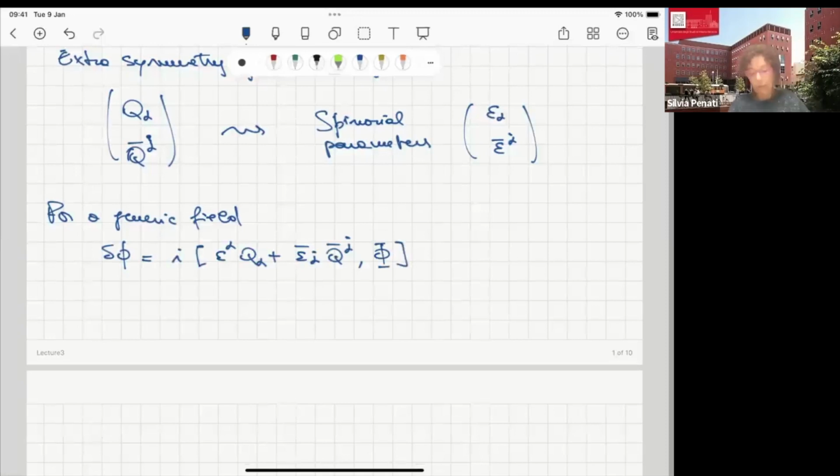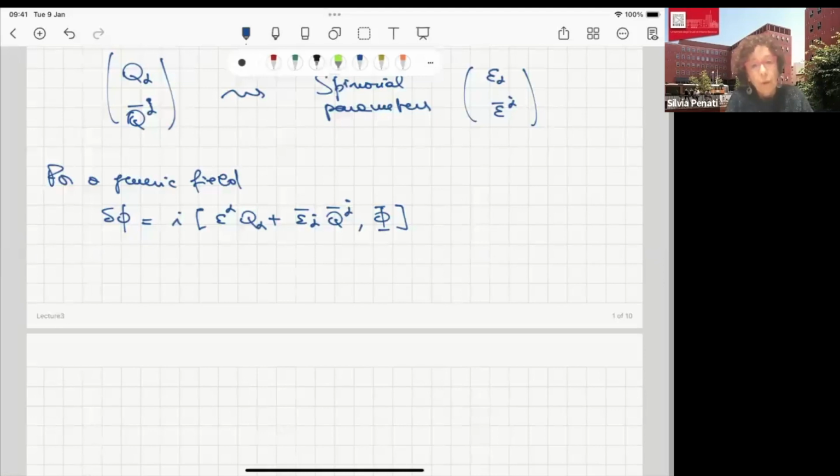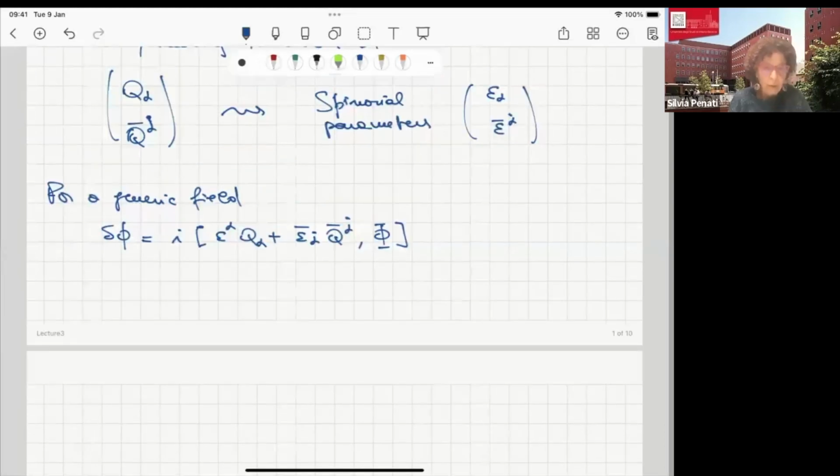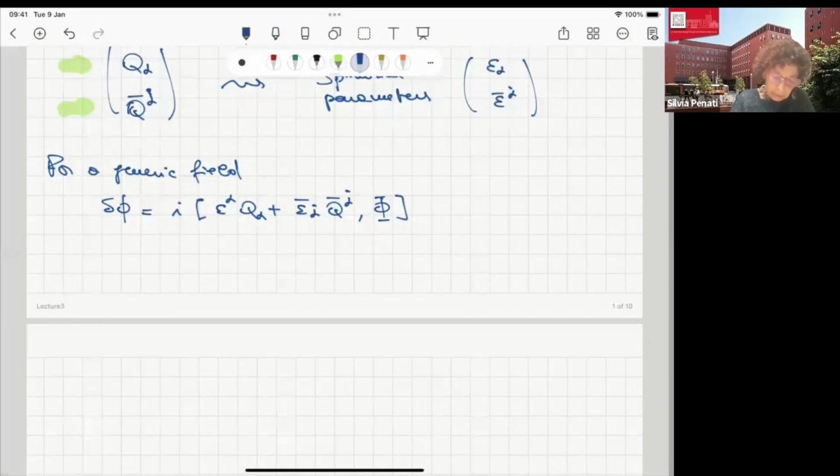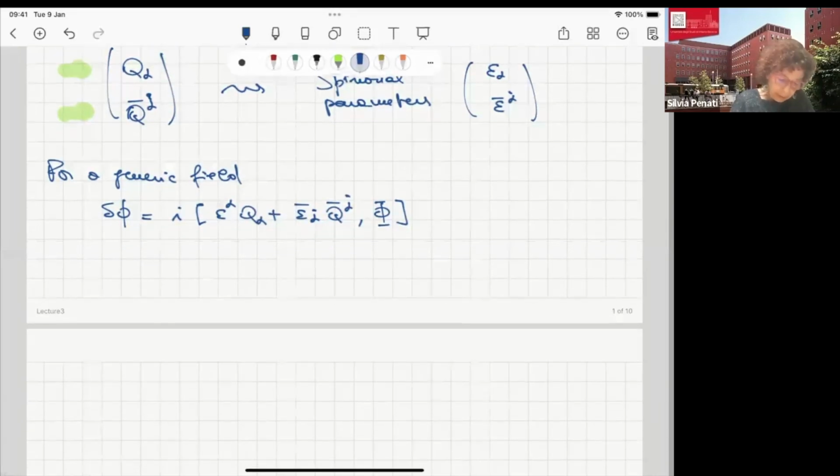And in the case of scalars and fermions, for the free Lagrangian that we were considering, we found what was the exact and precise action of Q and Q bar on the boson and the fermion. Since they are basically the Weyl components of the Majorana spinor, what we are considering are generators.